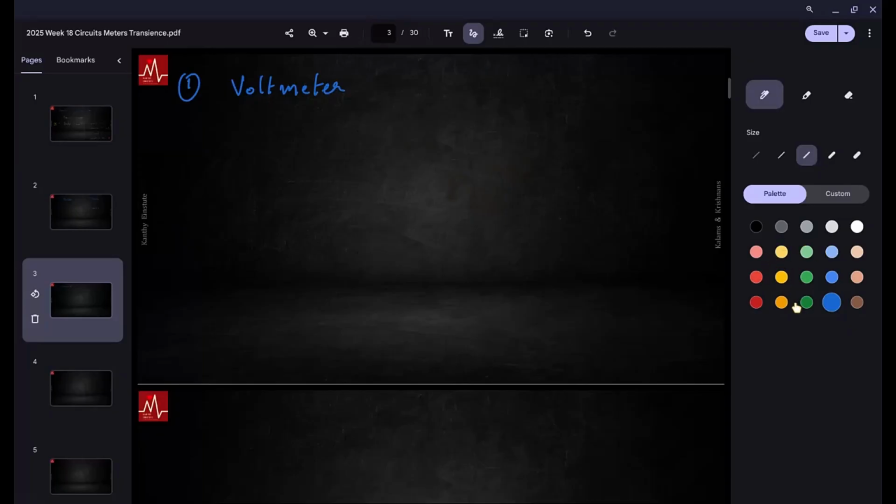This is one of those D'Arsonval meters. There are divisions in this, and then there is a pointer. And typically there is a current here.